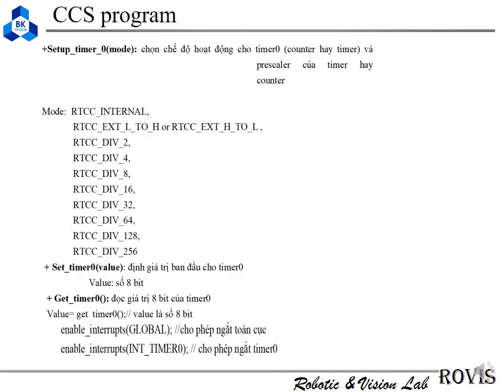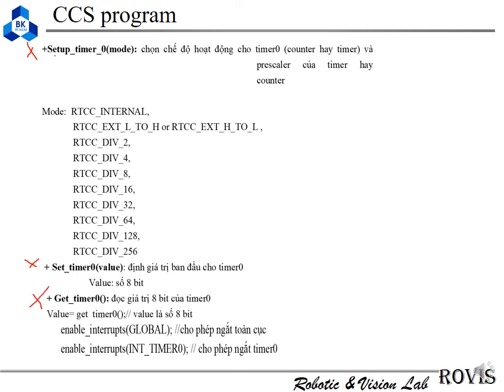In the compiler, if we don't want to use the registers, we just need 3 functions: setup timer, set timer, and get timer.